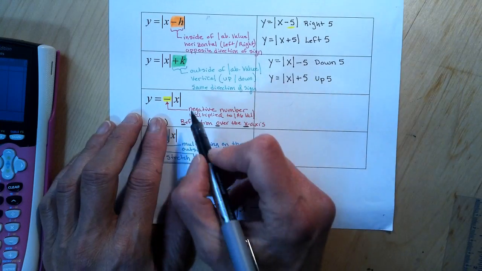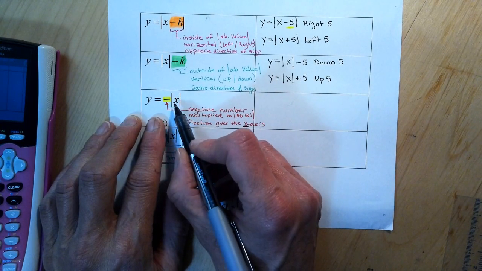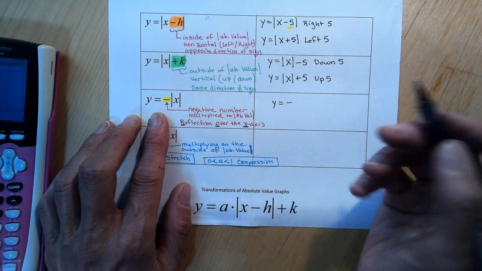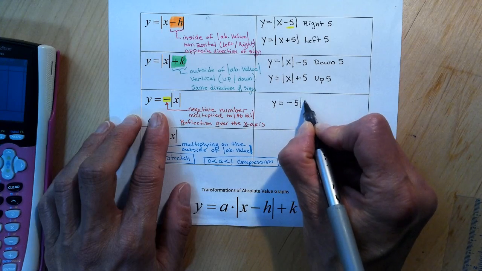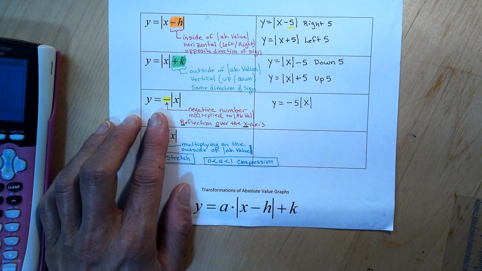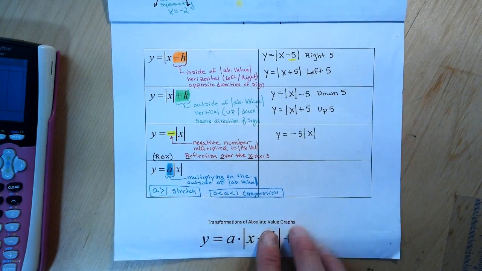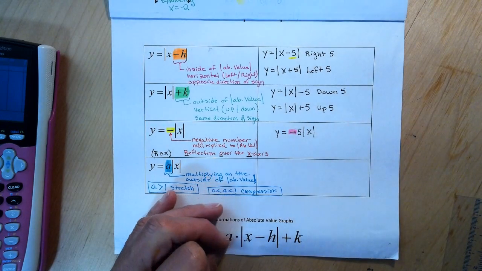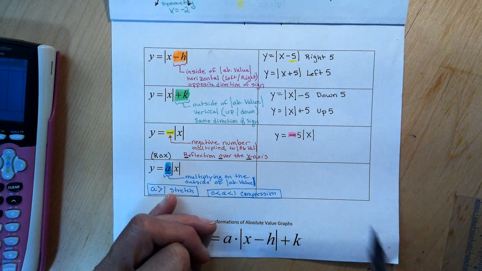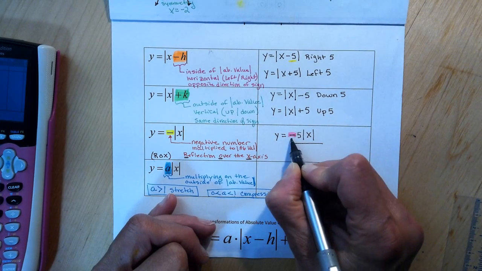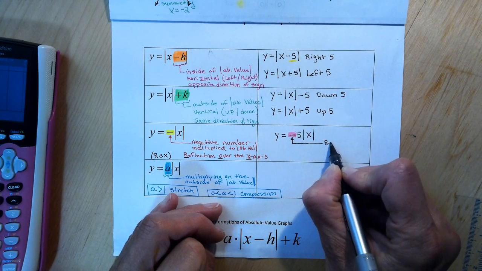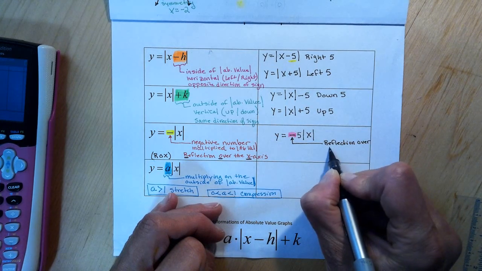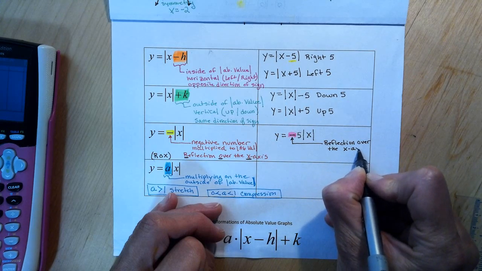So on the next one, I have nothing but a negative there. So if I do y equals negative, and let's just pick the number 5, since that seems to be what I'm doing right now, I'm just talking simply about the negative sign here. This negative sign right there, I'm not talking about the 5, just the negative sign, means I had a reflection over the x-axis.